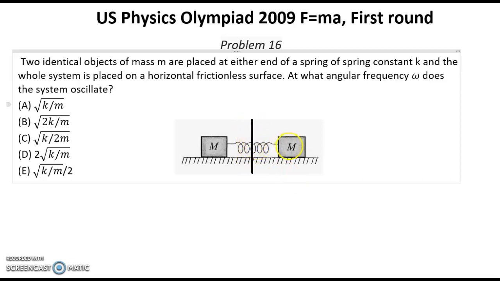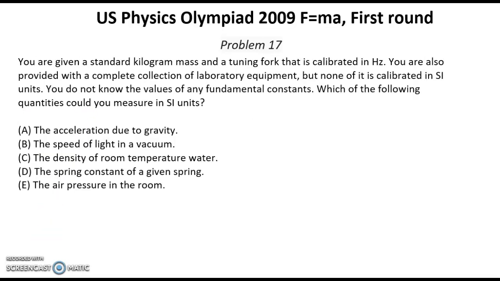On the right we have a system with the mass and a spring with constant 2k, and on the left the same thing. So both masses will oscillate with omega equal to the square root of 2k over m. The correct answer is B.